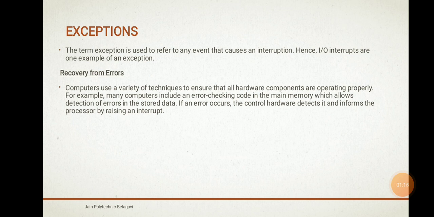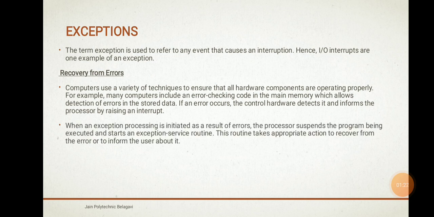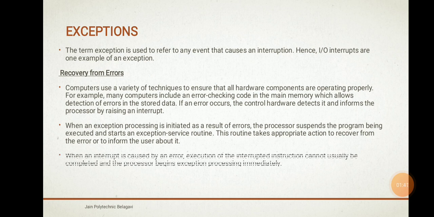If an error occurs, control hardware detects it and informs the processor by raising an interrupt. When exception processing is initiated as a result of errors, the processor will suspend the program being executed and start an exception service routine. Once the routine takes an appropriate action to recover from that error or to inform the user about it.